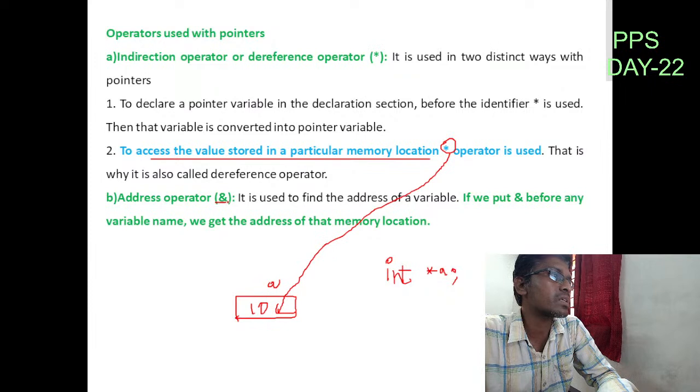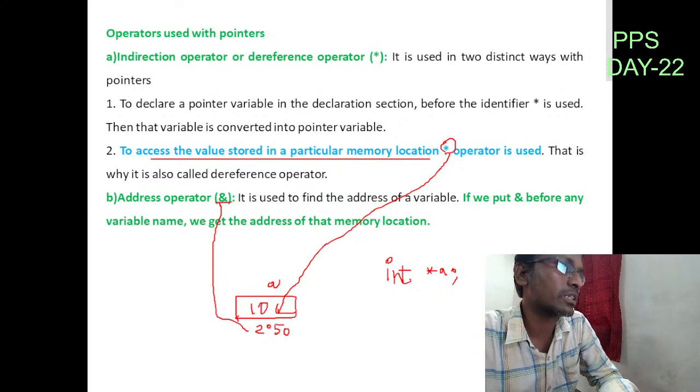Whereas the address operator displays the address location of the computer memory. For example, the value of a is stored at computer memory address 2050. If you want to display the computer memory address, you have to use the address operator. And if you want to display the value at address location 2050, you can use the star operator.